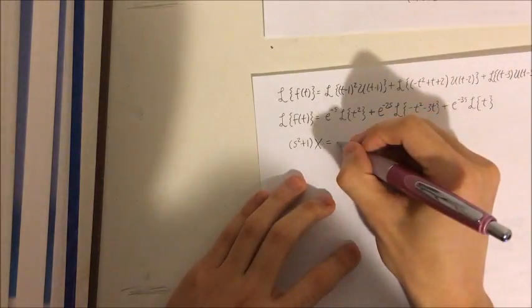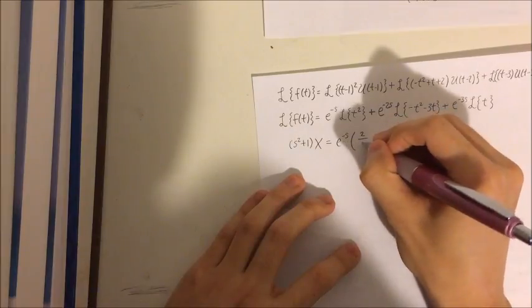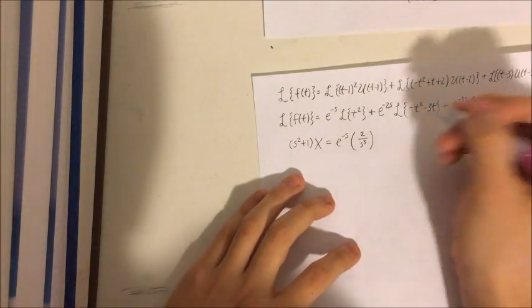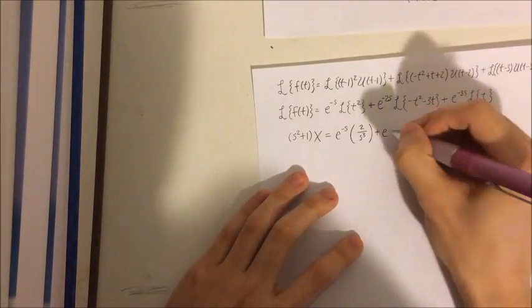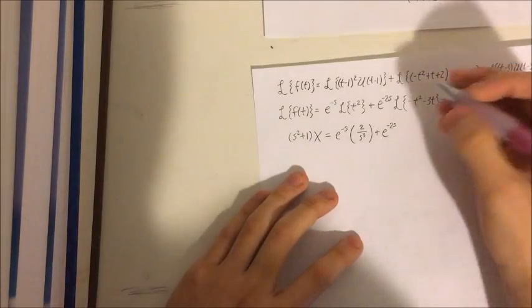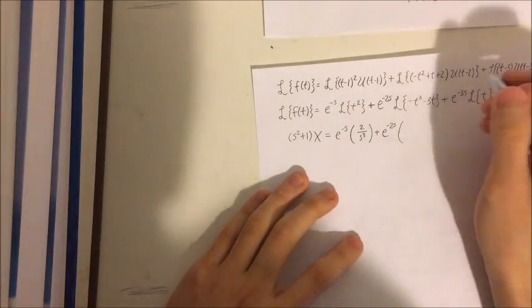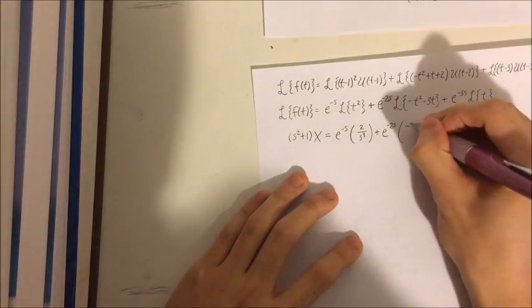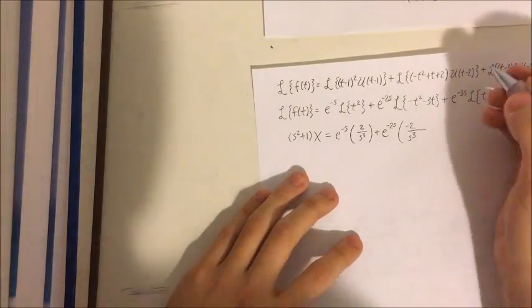So it's going to be e to the s times 2 over s cubed plus, I'm going to leave that in there to make our partial fractions easier. So negative t squared, again t squared is going to give you this, so negative of that is negative 2 over s cubed.